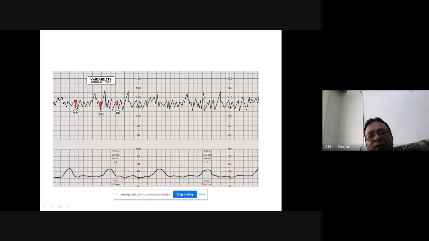Sorry, a change of 10 beats. So there is a variability of 10 beats every time. First peak is 140, next is 130, 130, 130, 150. So the variability is below 25. So this is a healthy baby which is all jumping around, and so the variability is present.